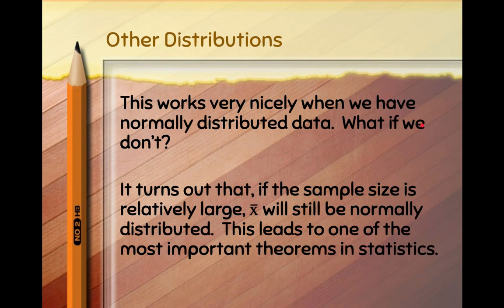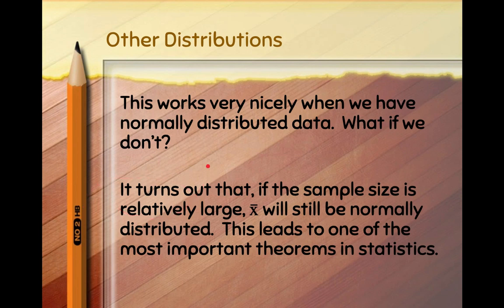So it works really well, as I said, if the data is normally distributed, then the sample means are going to be normally distributed. But one of the cool things is that if my sample size is large enough, we call it relatively large, it kind of depends on how large the population is, how large is large, right?